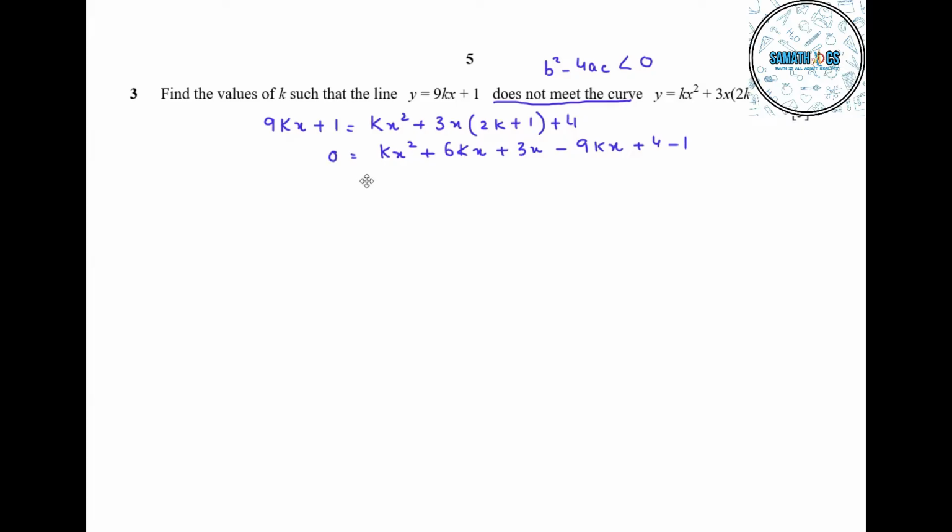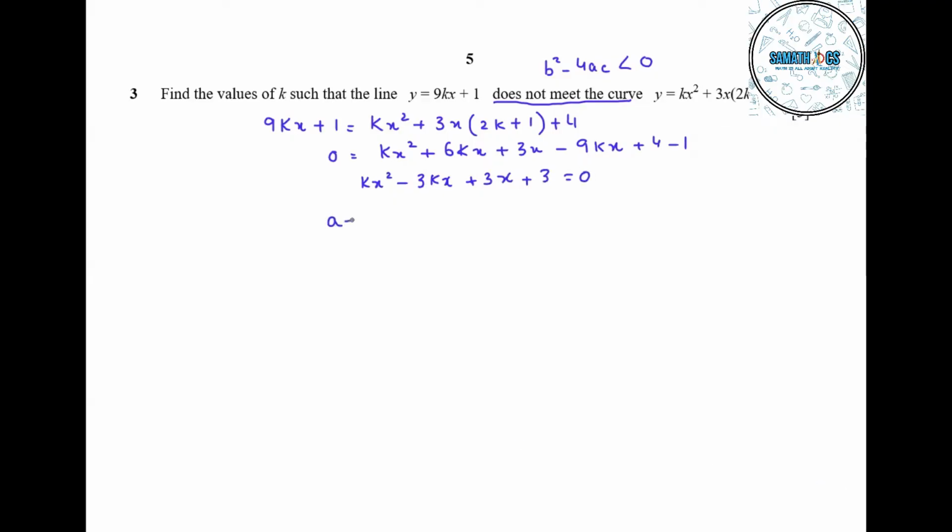We can write this as kx square plus 6kx minus 9kx will be minus 3kx and plus 3x plus 3 is equal to 0.